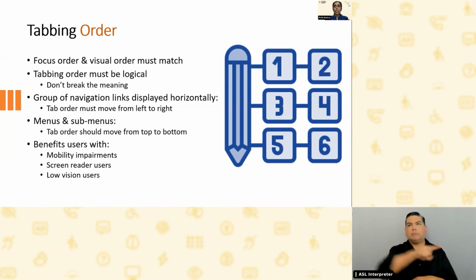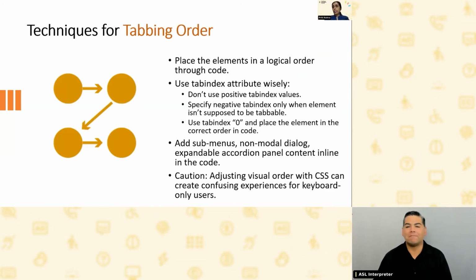Technically in the code order is correct, but visually the visual order will not match with the focus order. So as we already understood, the code order is important, but while doing so, make sure that the focus order is logical.